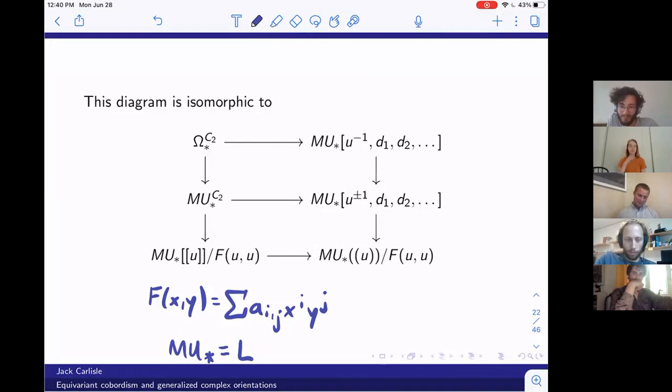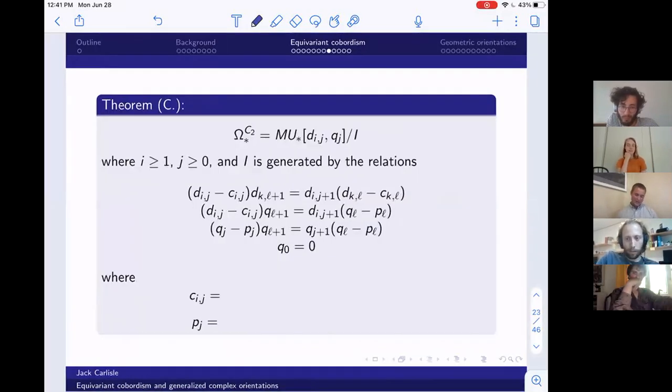And the presentation that we're about to give is in fact given in terms of formal group law theoretic data. Let me be more precise. These relations look a little bit complicated, but the idea is that we just have two families of generators. We have some Dij and we have some Qj. And this is just as an algebra over the non-equivariant cobordism ring, which we understand very well.